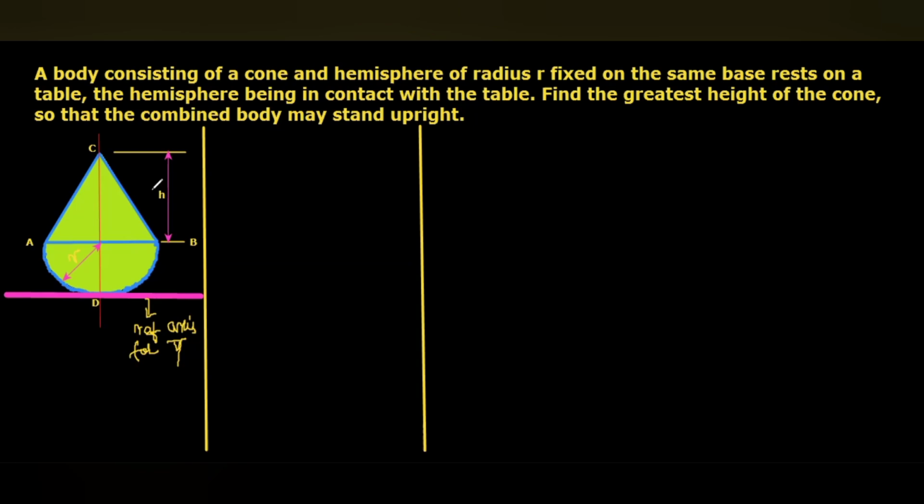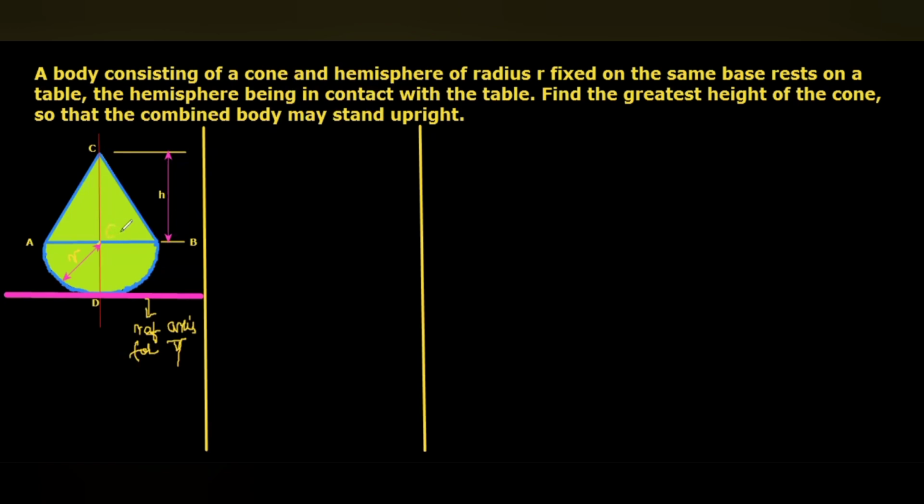When you increase the height, the center of gravity of the solid body will be at a greater height, that means over the common face AB. So what will happen? It will topple. So maximum, the center of gravity of the entire body can be at this point.